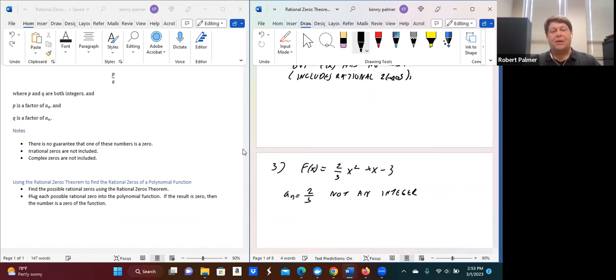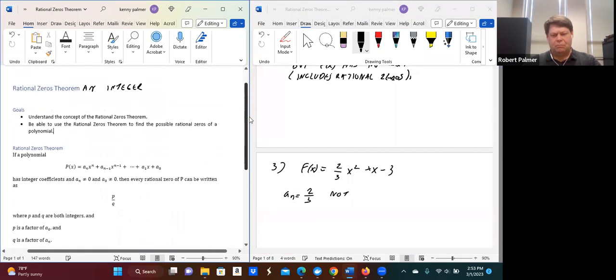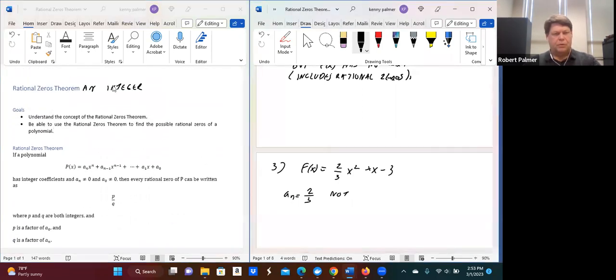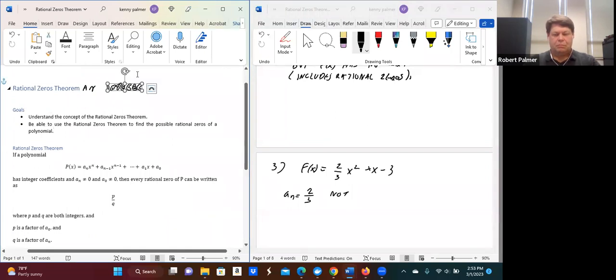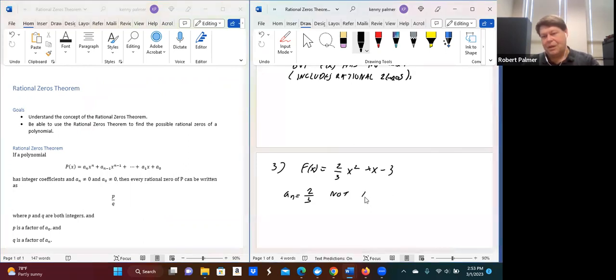So if you look back at our theorem, oh, what on earth? Let me get rid of that. That was bizarre. Let me go back. So, not an integer.